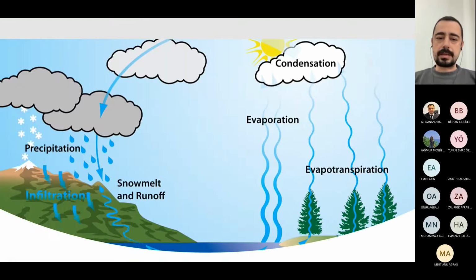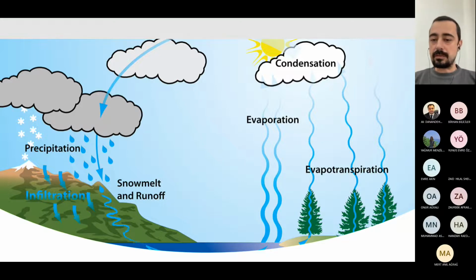All right. So usually this is what's happening, right? In nature, precipitation happens in various kinds of ways. After that, some of the water infiltrates into the soil. Some of it goes to runoff, and it is called excess precipitation, right?